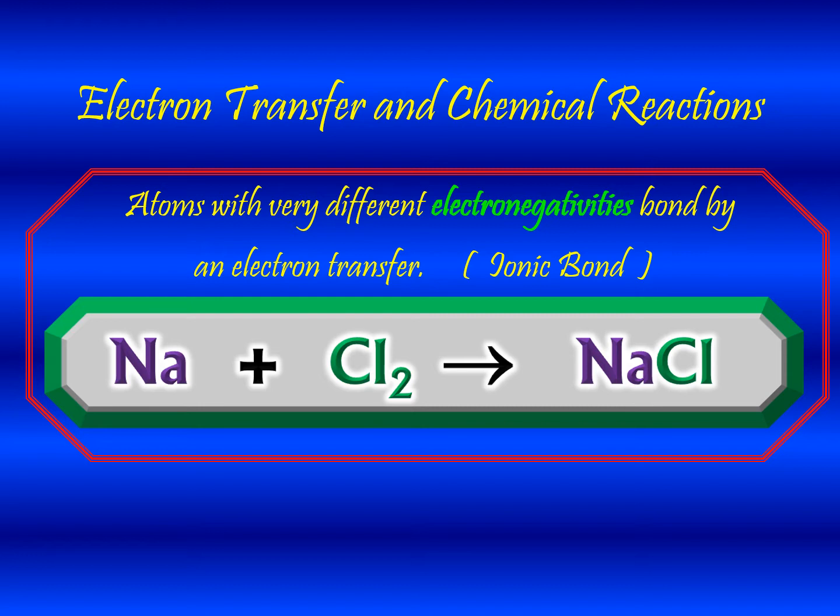So going from the native element sodium and chlorine as we find it as chlorine gas into the compound sodium chloride is definitely an oxidation reduction reaction, because we have changed the possession of the electrons. Another way to say that is that we've changed the oxidation states of the sodium and the chlorine.